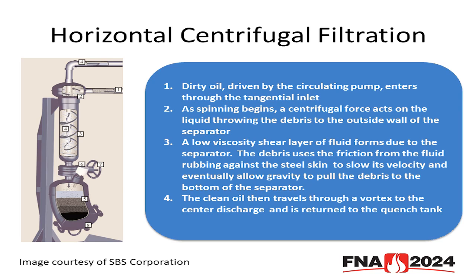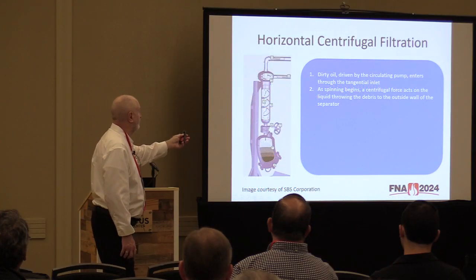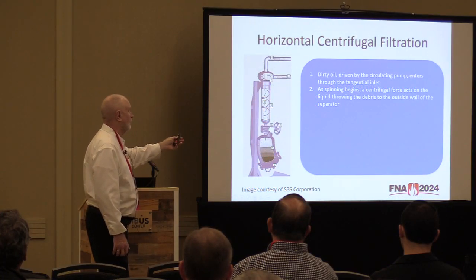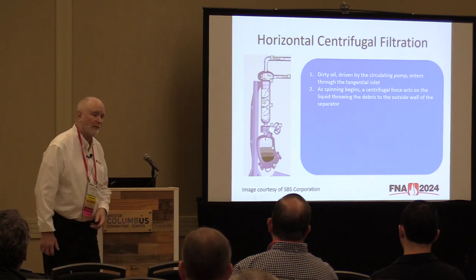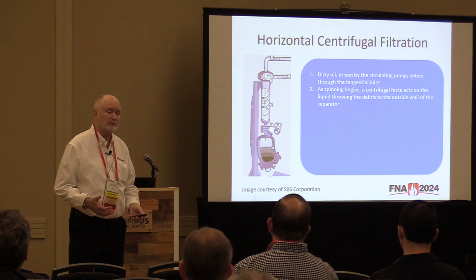So how does the centrifuge work? Well, first the oil goes in through number one. It goes through and it starts to spin, and as it spins, centrifugal force will throw the soil along the outside of the canister, along with the oil.